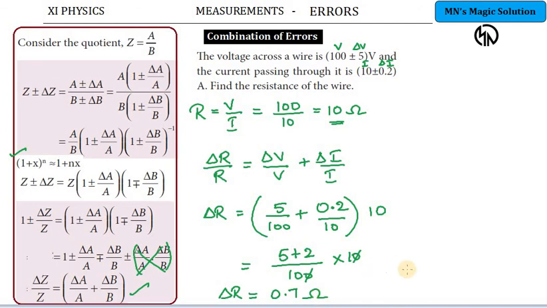So what is the final answer that we require here? Find the resistance of the wire. So the calculated value of resistance that you can possibly get will be R plus or minus del R, which is equal to R, 10, plus or minus del R value, which we have seen as 0.7. So together you will write this in ohms.